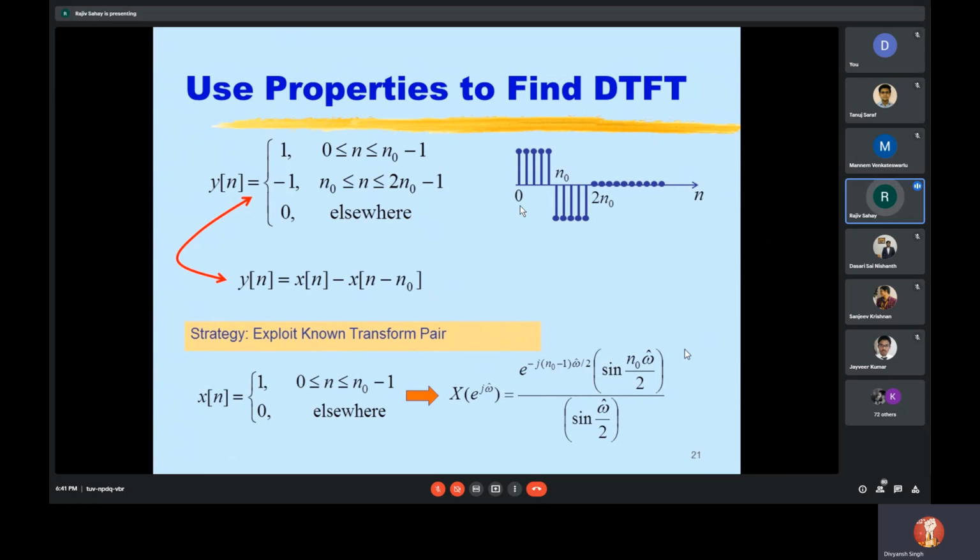So we can write the DTFT of y of n by using another property of DTFT, which is the time delay property. So using properties to find the DTFT of sequences. Many times you can write realistic sequences as a combination of these typical sequences.